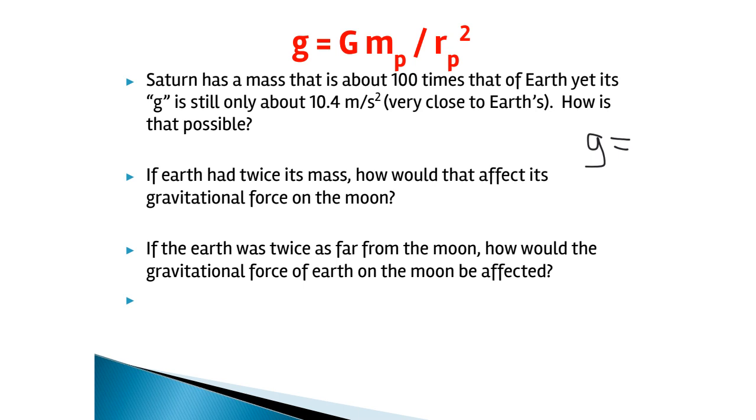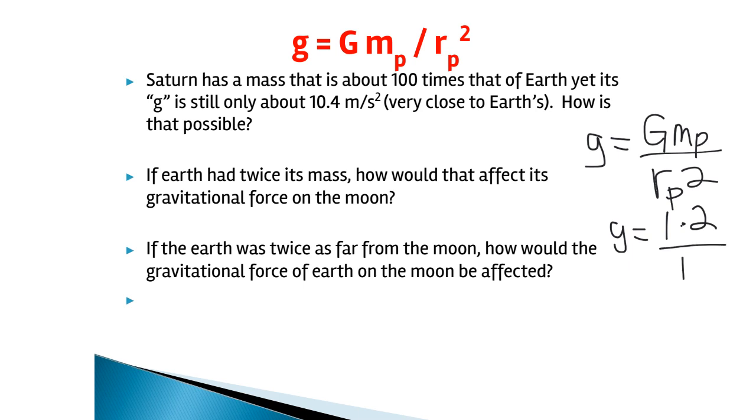So if I look at this equation, g equals mass of the planet divided by radius of the planet squared, the only variable that I'm going to change is the mass of the planet. So in my equation, I'm going to make every single variable a 1, but just change the mass of the planet to a 2. So then my acceleration due to gravity on the moon would be 2 times bigger.